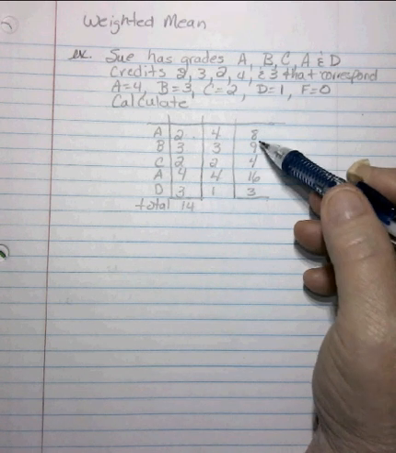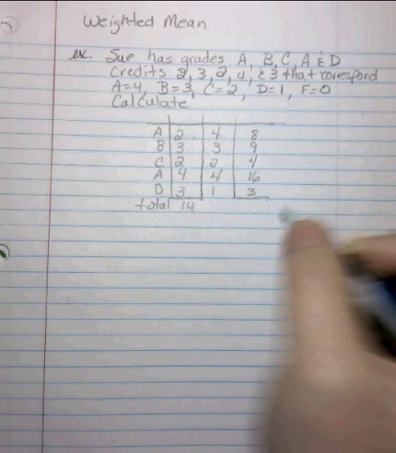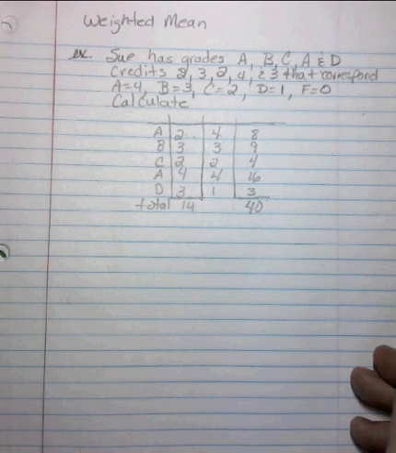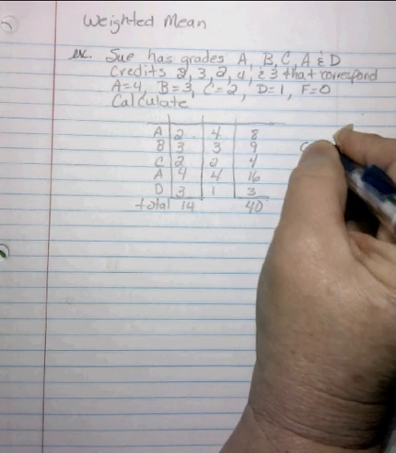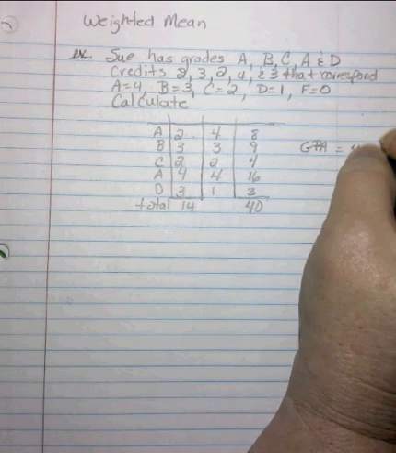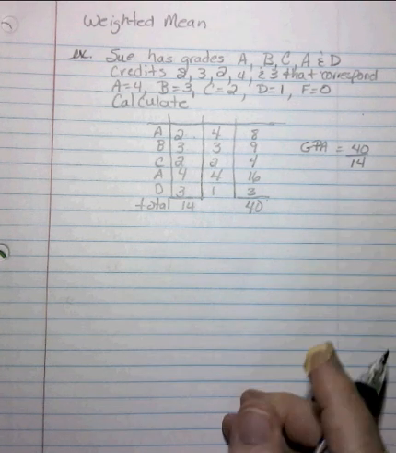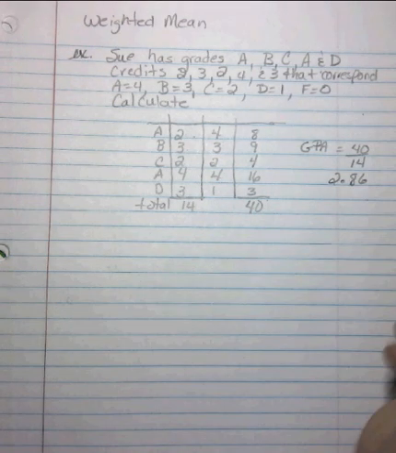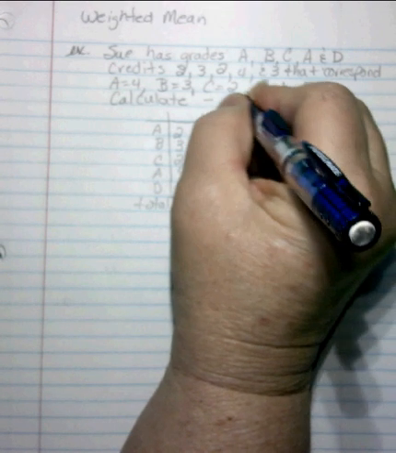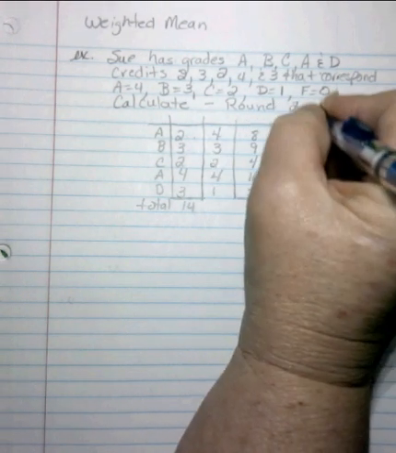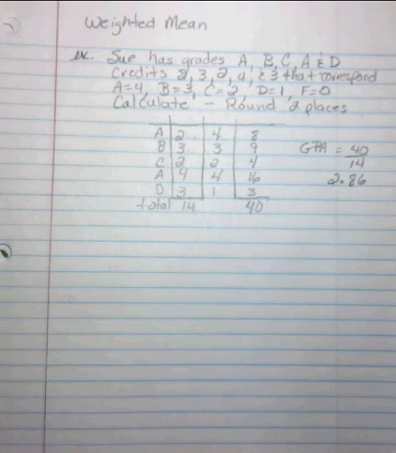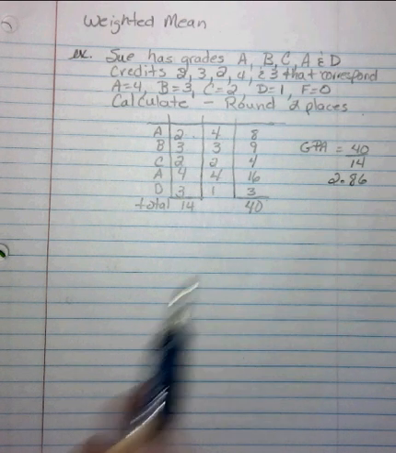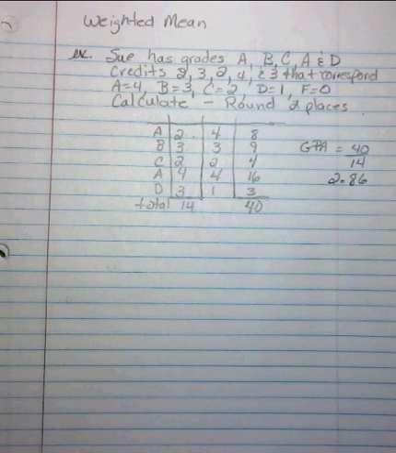So 8 plus 9 plus 4 plus 16 plus 3 should give us 40 quality credits. And then to calculate her GPA, we will do 40 divided by 14. And so that turns out to be 2.86. And I didn't say that we did want to round to 2 places when we did that. So that gives us a GPA of 2.86. And so that is an example of how to do a weighted mean.